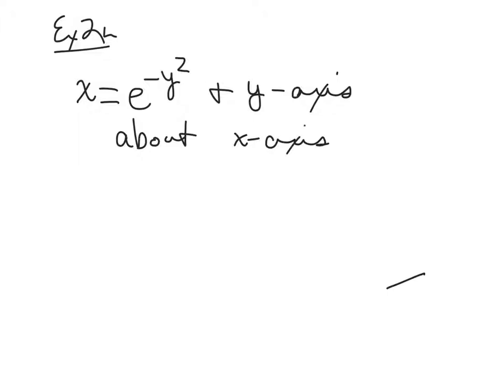So you can see here that we're probably going to want to use the shell method because we have a problem that's in terms of y, but we're going to be revolving around a horizontal axis of revolution, the x-axis. So we're going to have to figure something out about our graph here. So we'll have to chew on that a bit.